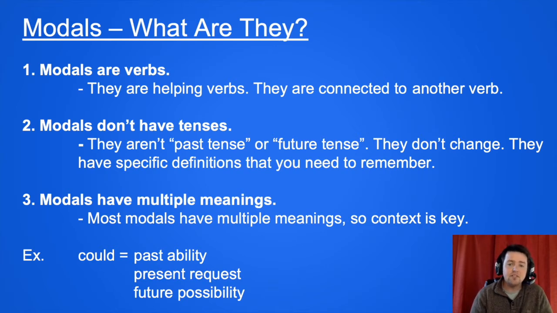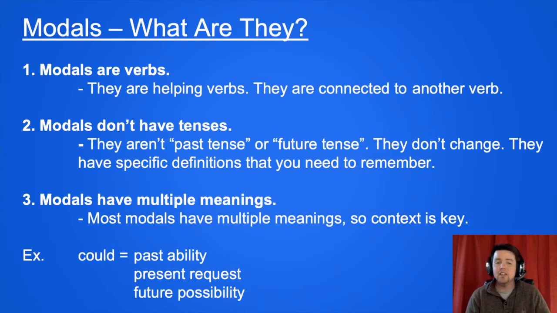They have specific definitions that you need to remember. Like past tense verbs, if they're irregular, you just need to memorize them. Phrasal verbs are the same way. You just need to memorize what they mean. And number three, modals have multiple meanings. Be careful. There are some modals that have 4 or 5 different meanings depending on context.